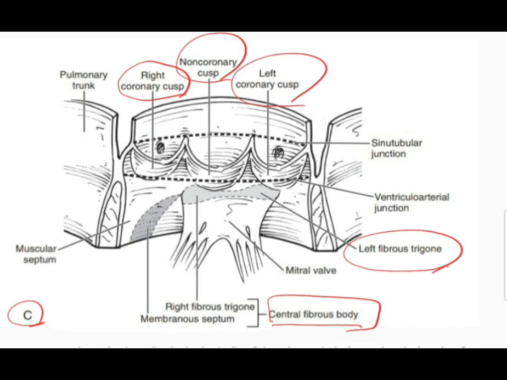The membranous septum here is right below the junction, which is why valve issues can sometimes affect the heart's electrical rhythm.